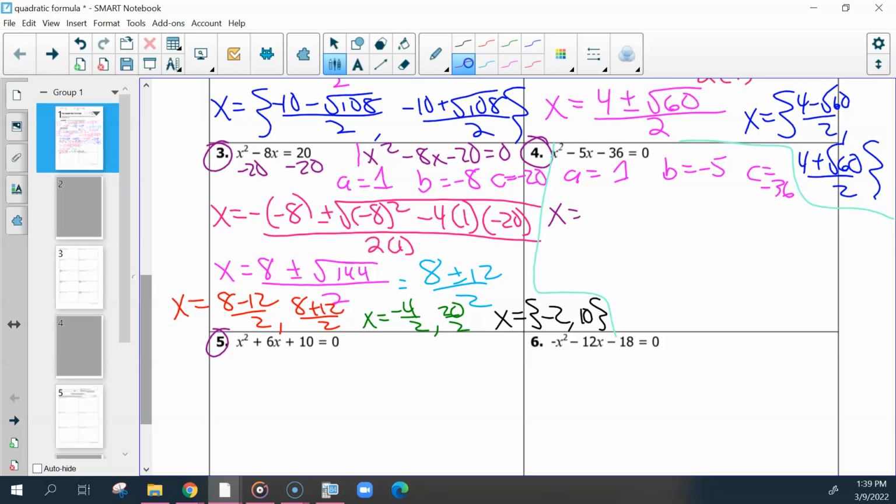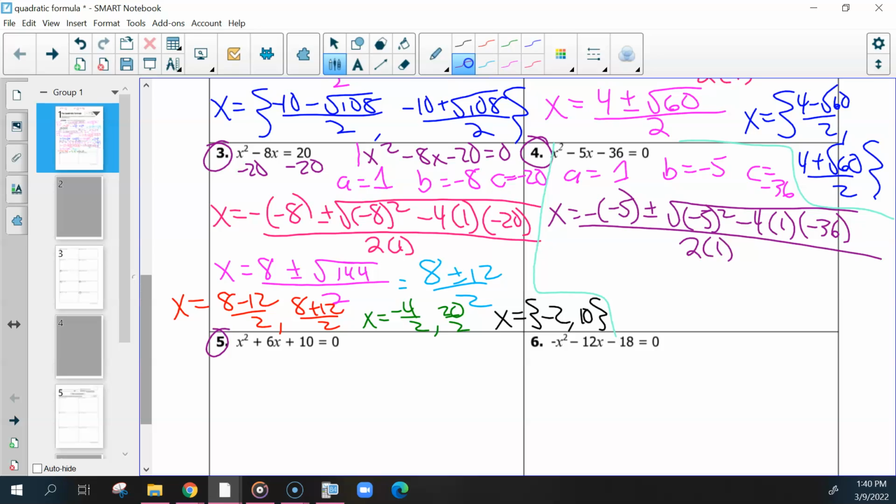So x equals negative 5 plus or minus the square root of b squared minus 4 times a times c, all over 2a.